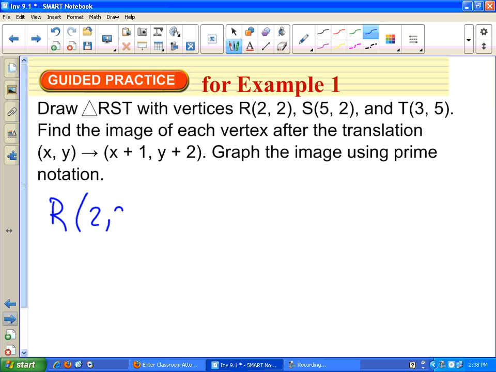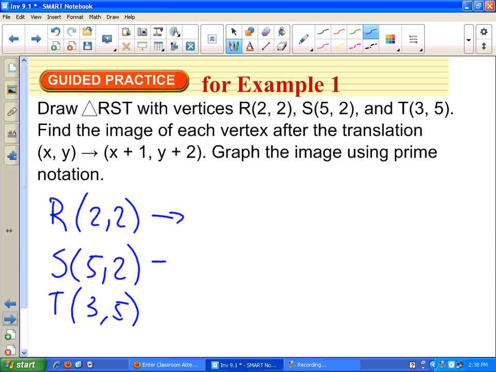R is at 2, 2. S is at 5, 2. P is at 3, 5. We're going to translate, so R prime: 2 plus 1 is 3, 2 plus 2 is 4.